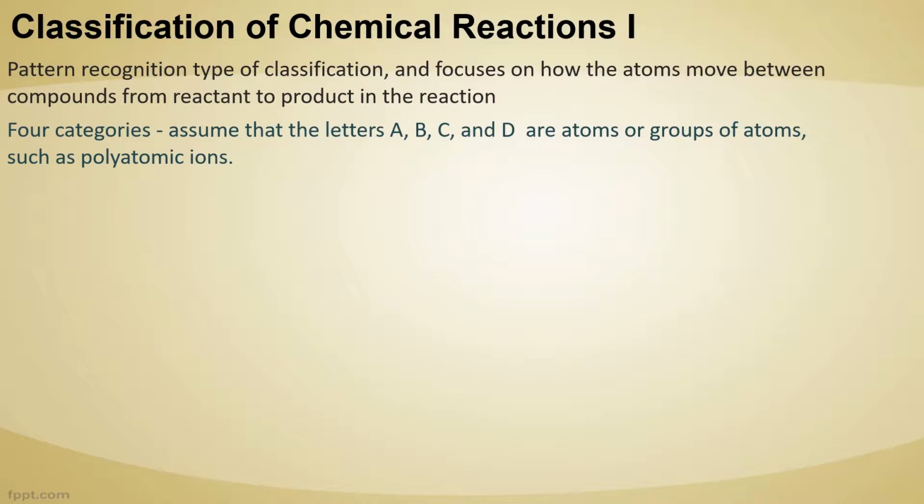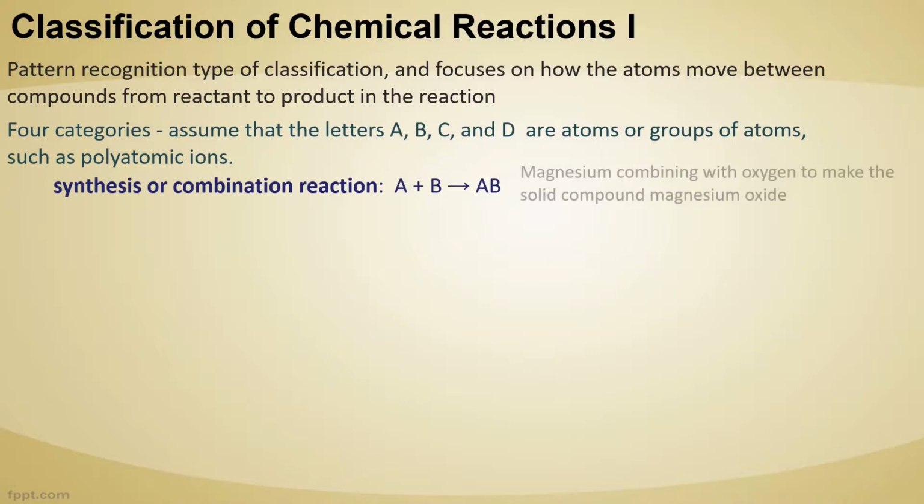The first type of reaction is called a synthesis or combination reaction, and the equation looks like A plus B yields AB. An example reaction is magnesium metal combining with oxygen to make the solid compound magnesium oxide. The balanced reaction is magnesium solid plus 1/2 oxygen gas yields magnesium oxide solid.